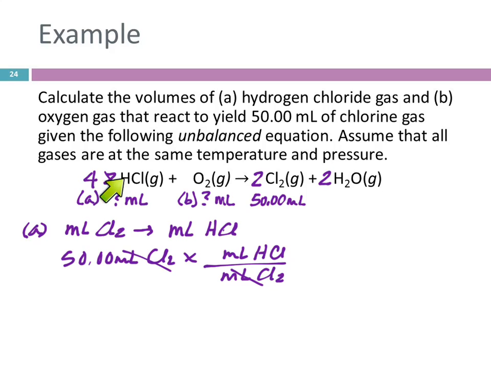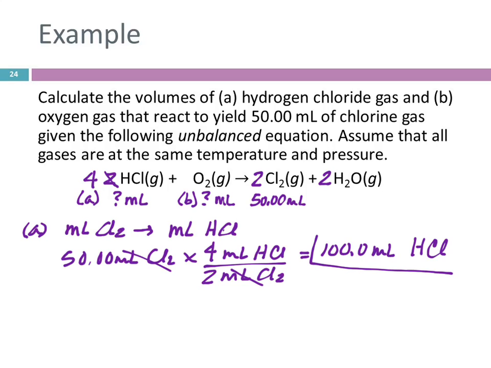The coefficient in front of HCl is 4, so that tells me for every 4 milliliters of HCl, I'm going to get 2 milliliters of chlorine. And this is going to come out to be 100 milliliters of HCl. Any questions about that one?